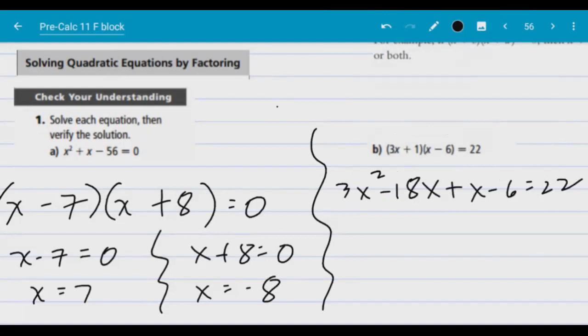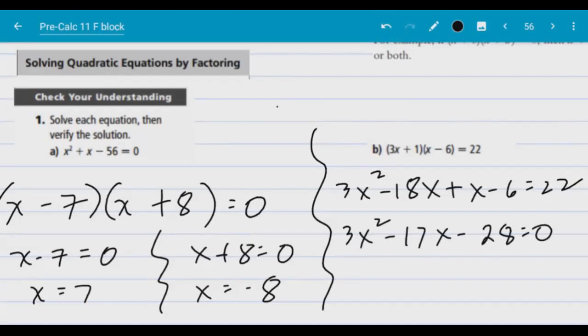All right. Let's gather everything to the left side, make it equal to 0, while at the same time collecting like terms. 3x squared is by itself. Negative 18x plus x is negative 17x. 22 goes to the left side, so as it goes this way, it becomes negative. All right. That would be minus 28 is equal to 0.